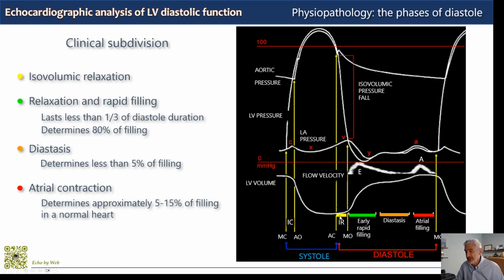You can see here in yellow, isovolumic relaxation, in green, early rapid filling, then we have in orange diastasis, and then we have atrial filling caused by atrial contraction in red. The first phase is known as isovolumic relaxation because it occurs in the absence of changes of left ventricular volume, as you can see here.